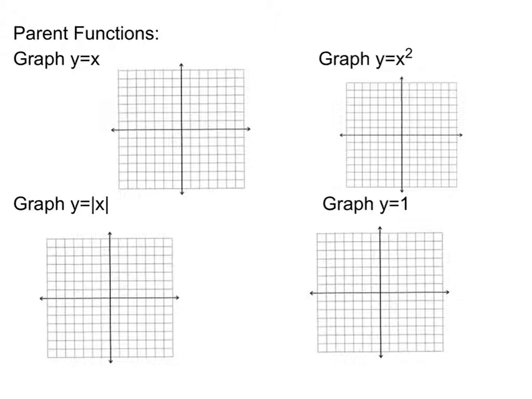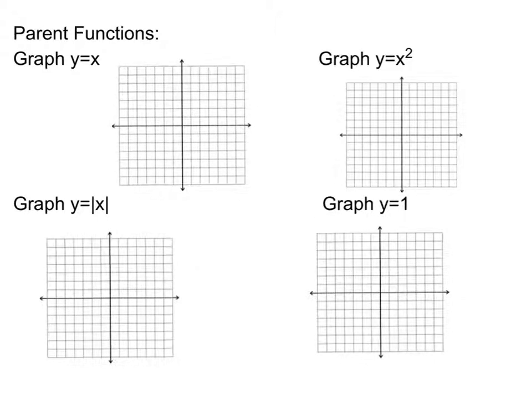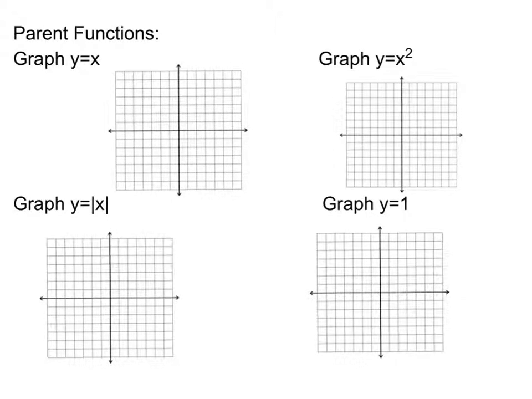So it creates this line, and it should be a straight line at a 45-degree angle that crosses at 0, 0. Another way you could think of this is really the parent function y equals mx plus b, where m, the slope, is 1, and b, the y-intercept, is 0. So this is just the parent function for any line.